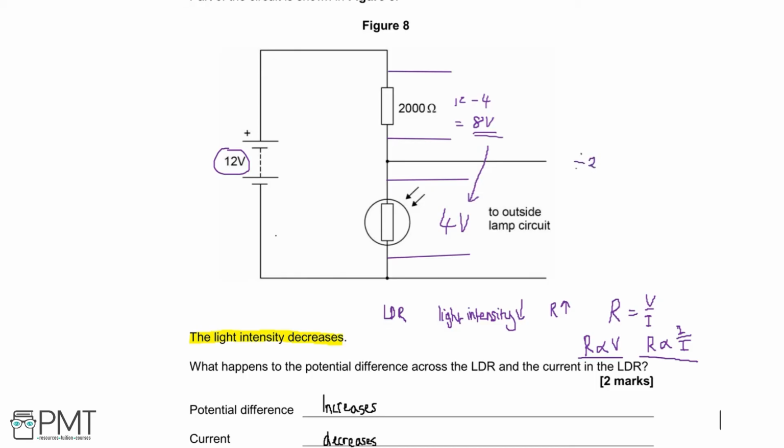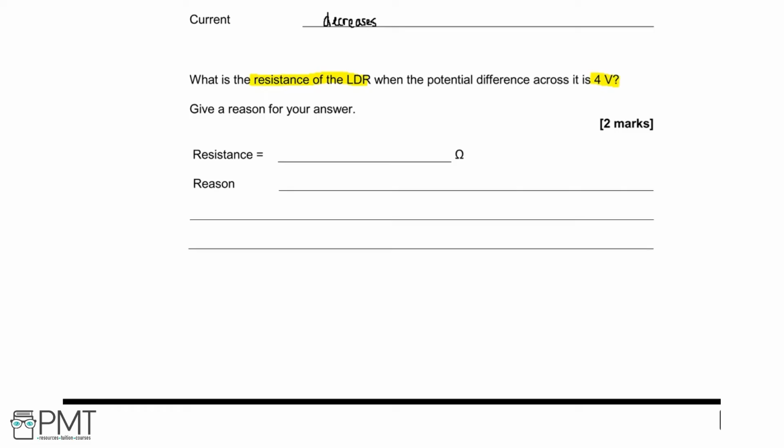If we go back down to the question, we have a resistor at 8 volts with a resistance of 2000 ohms, and we then have an LDR with a potential difference of 4 volts, and we want to know what the resistance is. Because they are directly proportional, if this is divided by 2, then we just do the same to the resistance. 2000 divided by 2 is 1000 ohms.